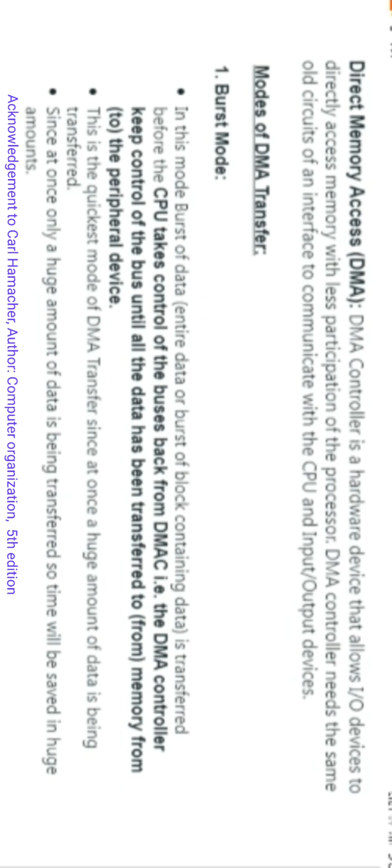Once the CPU gives control to the DMA controller unit, the specified block of data is transferred between main memory and external devices. This is the fastest mode of data transfer, since a huge amount of data is transferred at once.